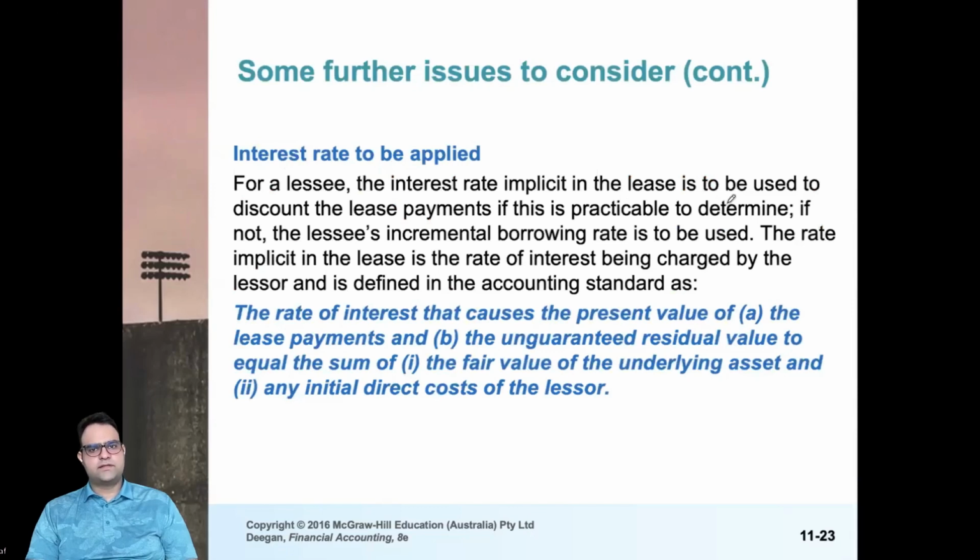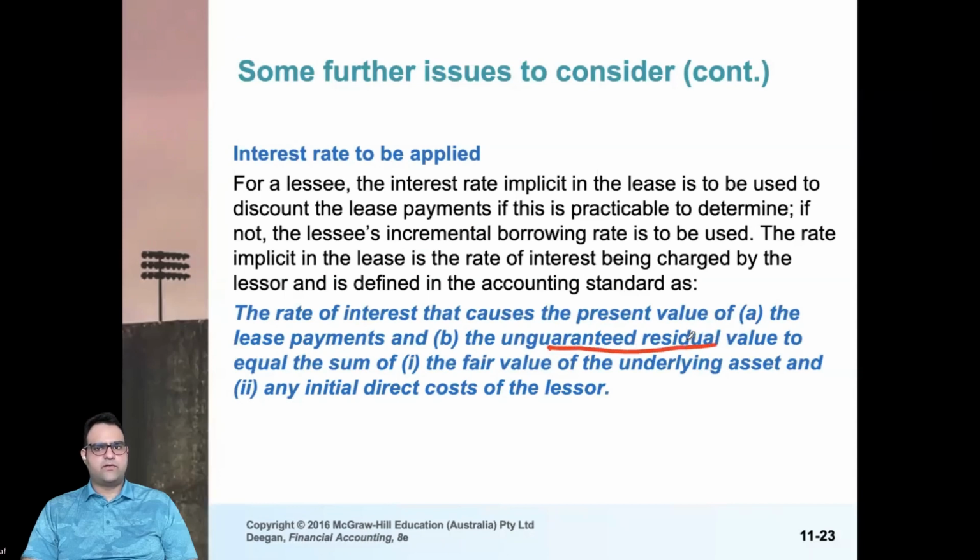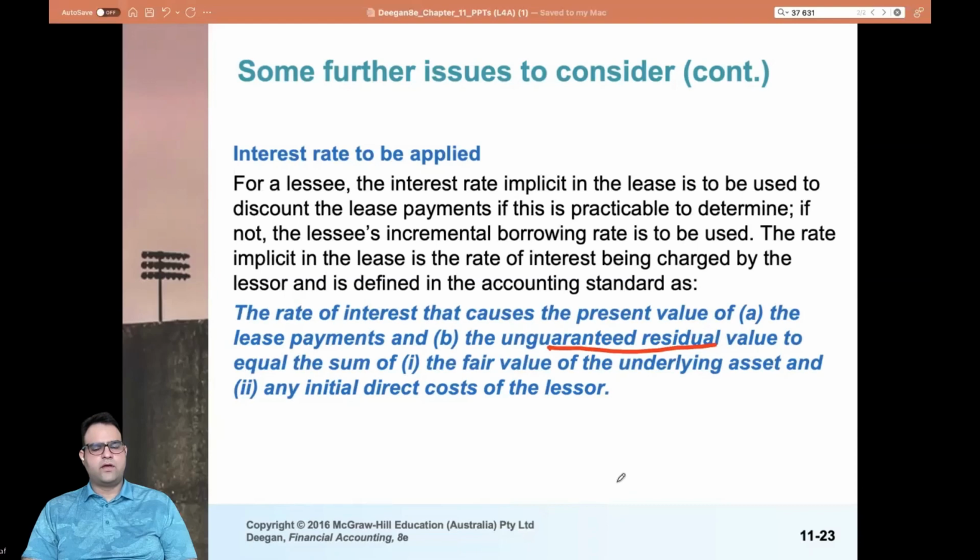Now, there is some discussion about the guaranteed residual value and non-guaranteed residual value. So, what is a non-guaranteed residual value? We already discussed the guaranteed residual value, which is the residual value of our asset, the difference between the fair market value of that asset and the amount already paid by the lessee during the lease period in terms of installments.